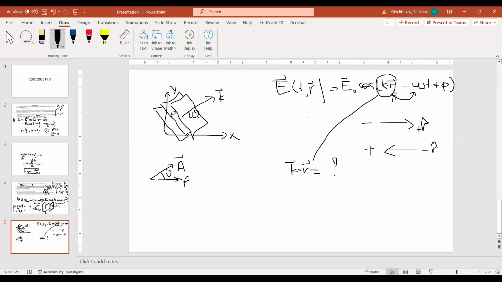Google theta olsa между ними, да? What will be A vector dot product R? It will be just величина A, да? Definition of dot product, да? Величина A, величина R, times угол между ними, да? Cosine theta.